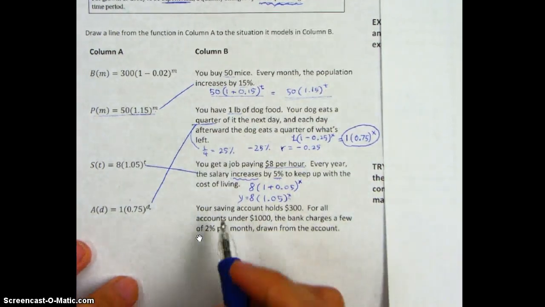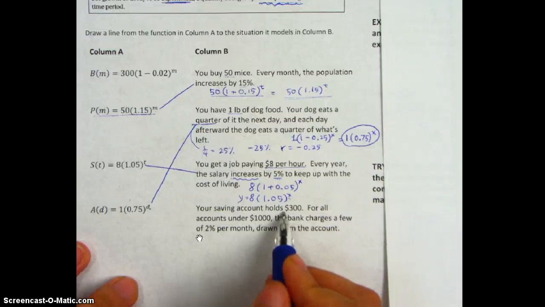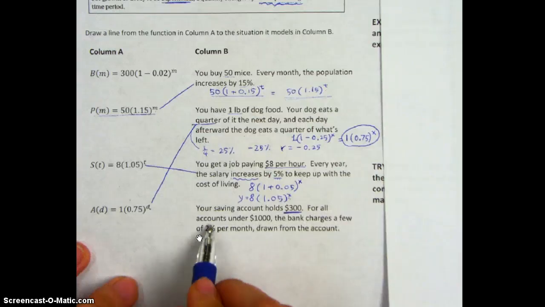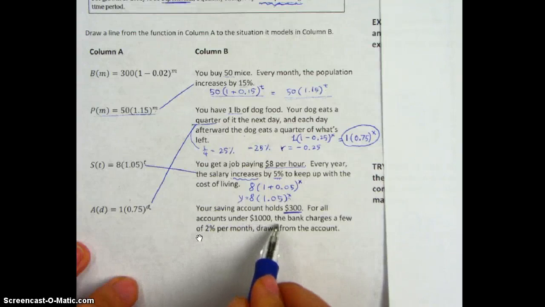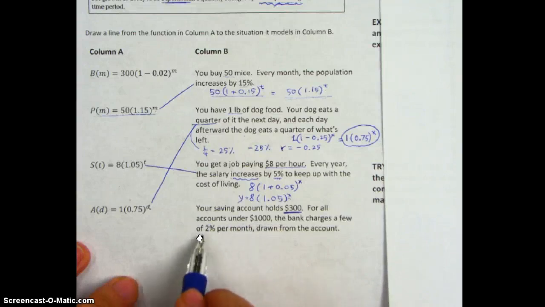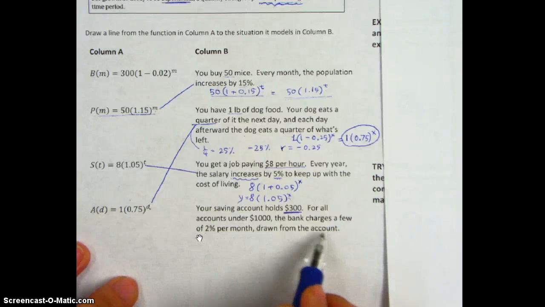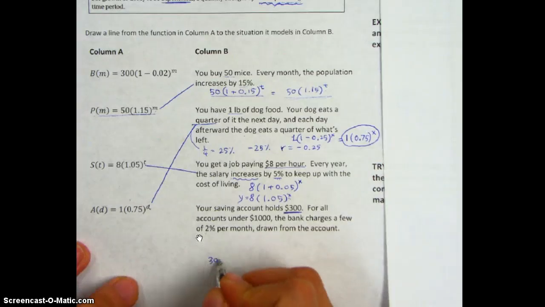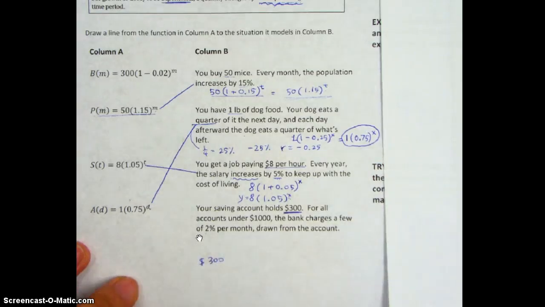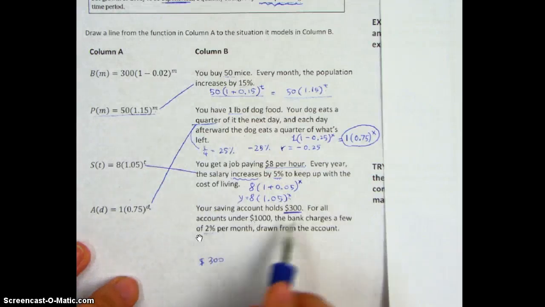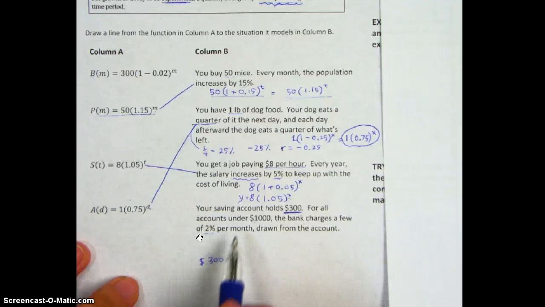Last one. Your savings account holds $300 currently. For all accounts under $1,000, the bank charges a fee of 2% per month drawn from the account. So you currently have $300, that's the initial amount, and since you have less than $1,000, the bank charges 2% of your account each month.